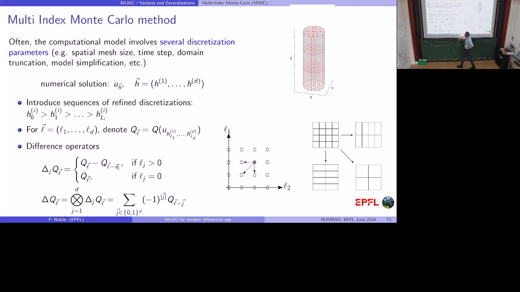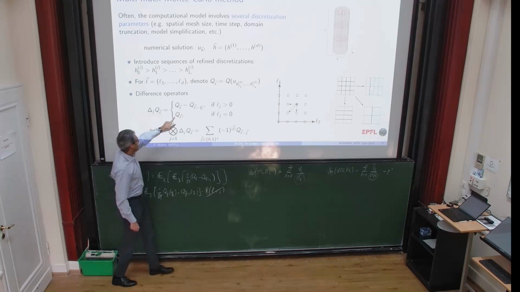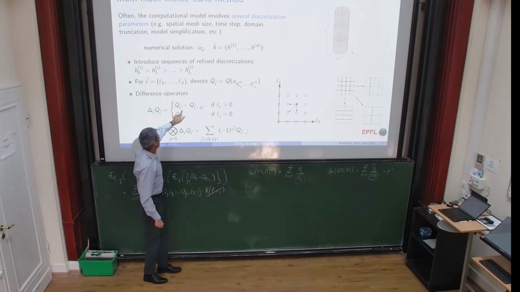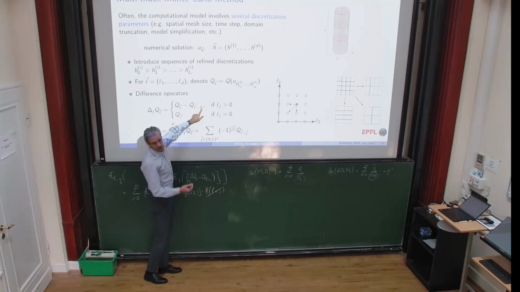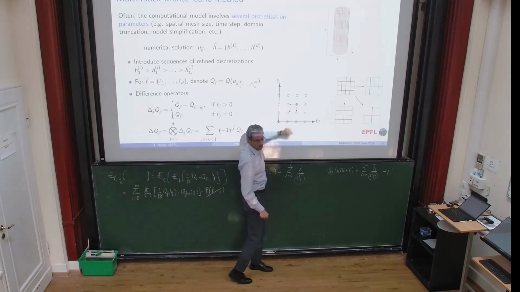So if I have the multi-index L, let's say this one, I could take this difference here, so I call it delta_j Q_L, the difference with respect to the jth parameter. So I compare the solution Q_L with the solution Q_(L minus e_j), where I coarsen in the jth discretization parameter. So that would be either this one or this one.